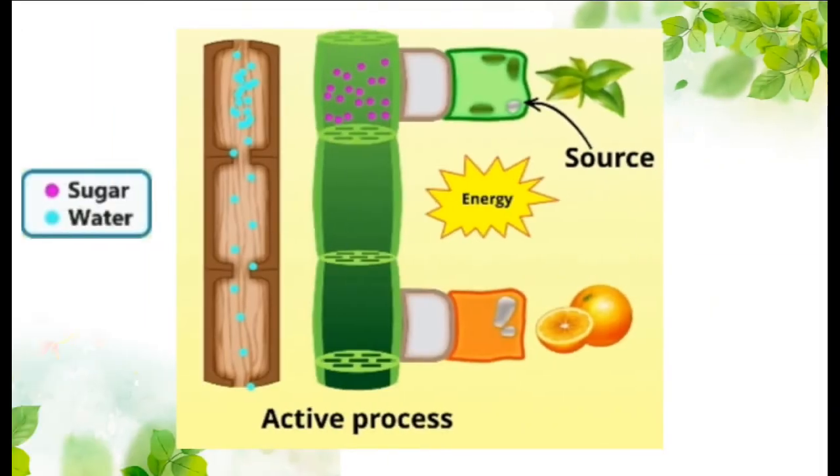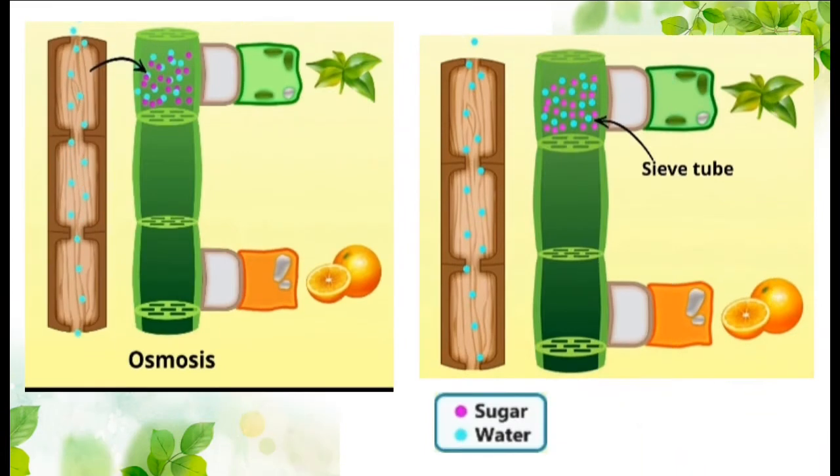At the source cell, that is the leaves, the sucrose is loaded into the phloem vessel. This is an active process as it requires energy. As the concentration of sugar increases in the phloem, water from the surrounding area, which has lower solute concentration than the phloem, enters into it by the process of osmosis.